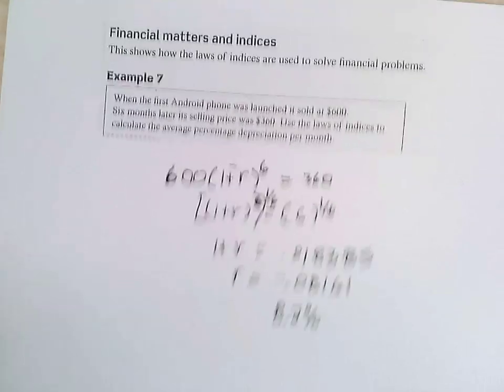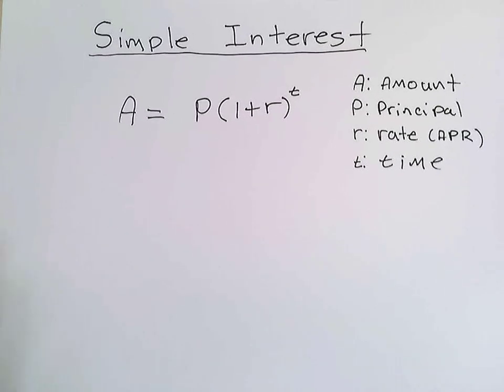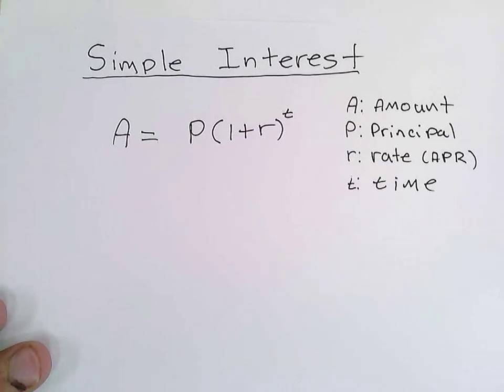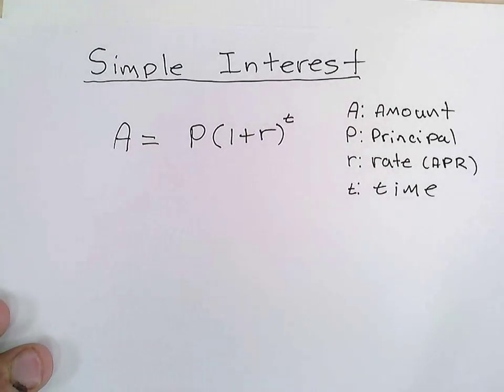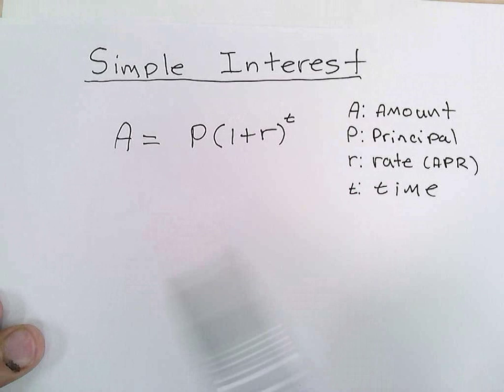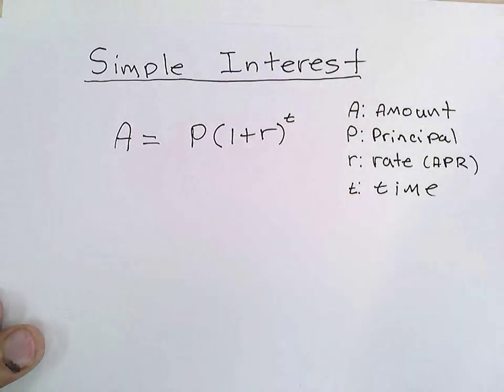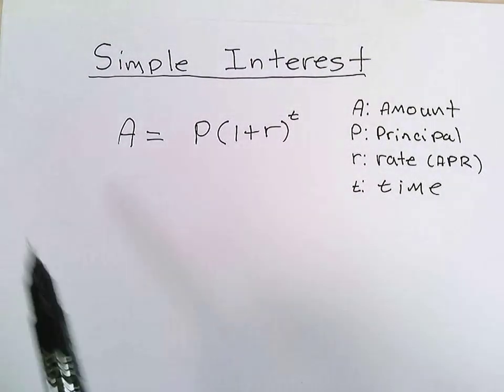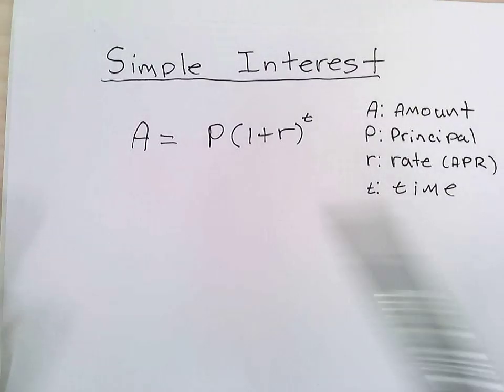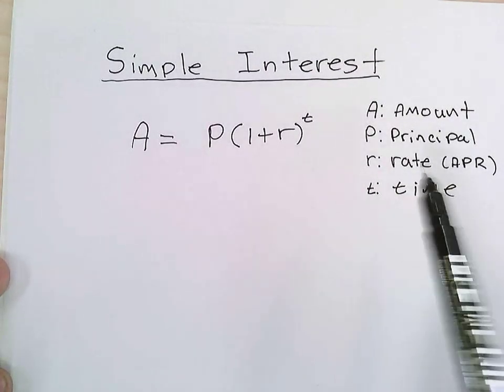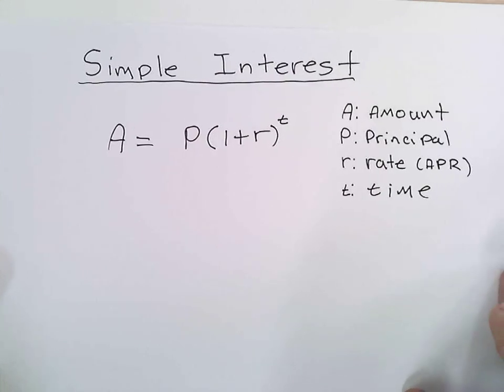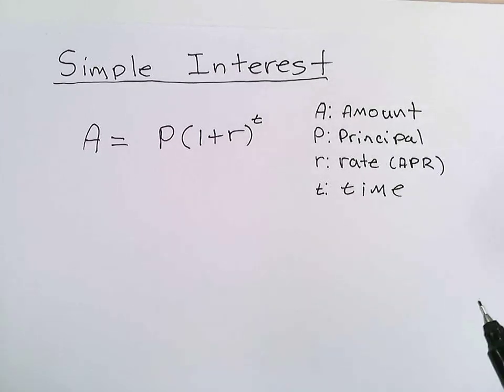So what we just saw right here is an example of what we call simple interest, right? And here's the formula for simple interest. If you have the amount that you have, usually it is represented by A. The book has slightly different variables that they use, but I'm going to use these. P stands for principal. Don't get that confused with the principal of the school, but a principal of an investment or an amount.